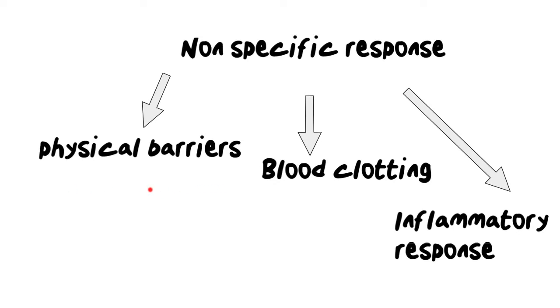Within that, we're talking about physical barriers such as the skin and the mucous membranes. Also, not dealt with in this lecture, but very important, the blood clotting cascade and the inflammatory response.